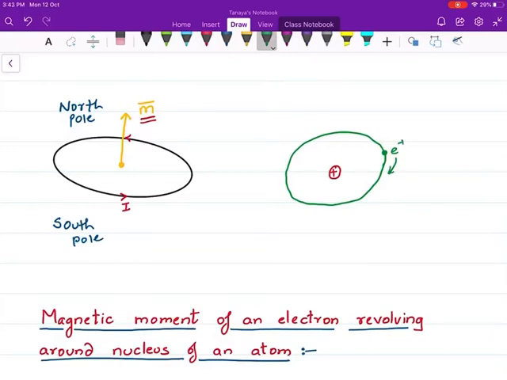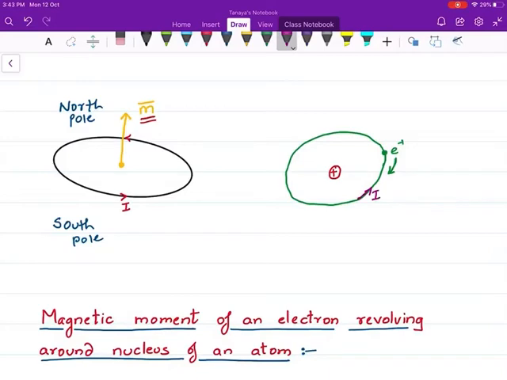This electron is revolving in this direction, in clockwise direction. So there is a charge which is in motion. So I can say that there is current flowing through this particular loop. And what is the direction of current? We always say that the direction of current is the direction in which positive charges are flowing. Electron is a negative charge. So if electron is flowing in this direction, I say that current is flowing in the opposite direction.